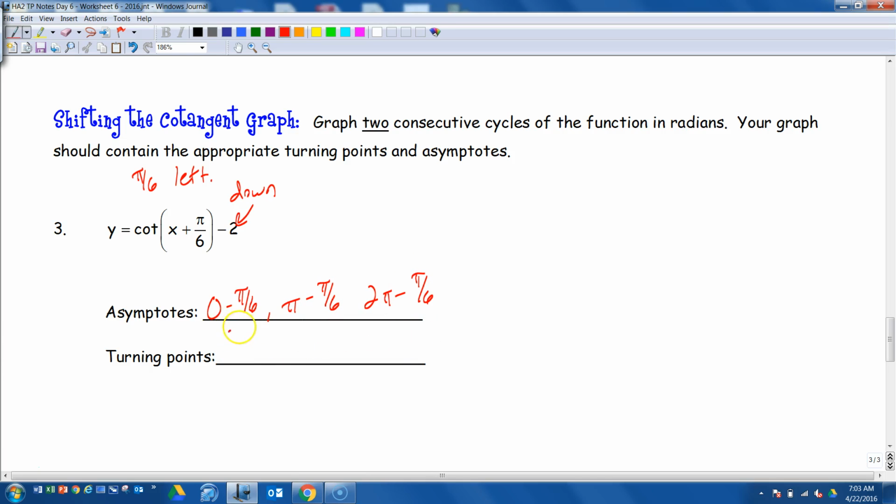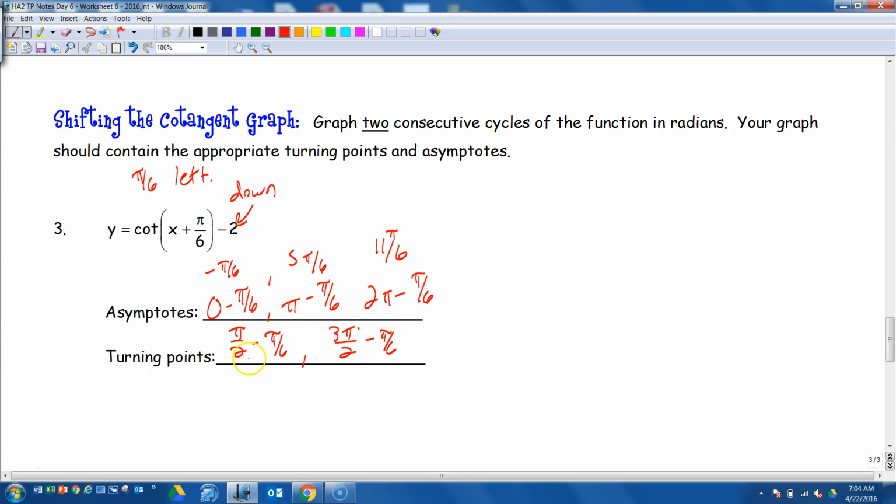For the turning points, it's pi over 2 minus pi over 6, and 3 pi over 2 minus pi over 6. We calculate those values, you get negative pi over 6, you get 5 pi over 6, and 11 pi over 6. And these will be the values you use to make your number line.